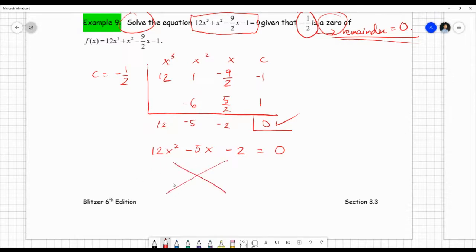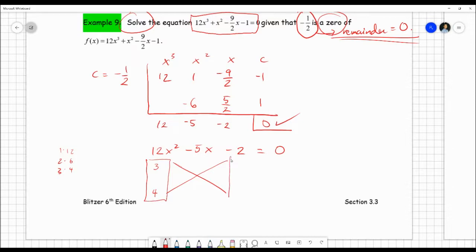So this is my method to factor: use the cross method. In this first column right here, I'm going to find factors of a. A here is 12, so there are many choices. I can use 1 and 12, I can use 2 and 6, 3 and 4. So I have these choices here. I'm going to choose 3 and 4 first.